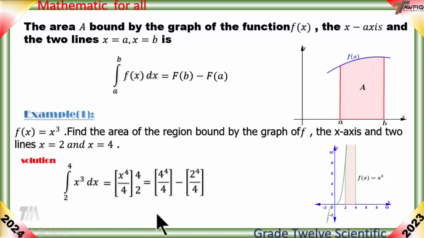It's equal to 4 to the power 4 over 4. After that, minus and substitute 2 in place of x, which becomes 2 to the power 4 over 4. Simplifying, it equals 64 minus 4, which is equal to 60 units of area.